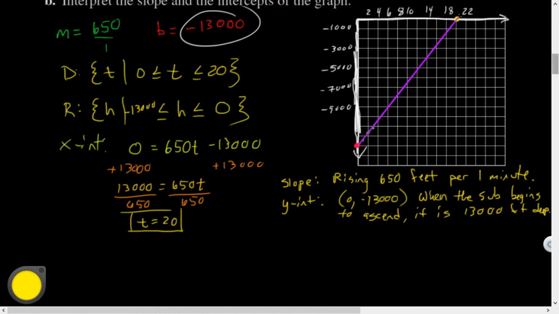And then how about the x-intercept? So that's 20 comma 0. What does that mean in terms of this problem? 20 was in minutes, 0 was in feet. What's happening to the sub at 20 comma 0?